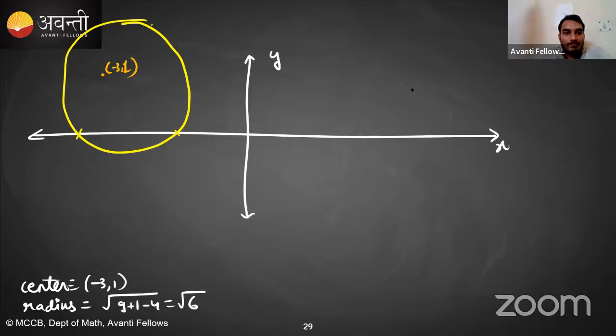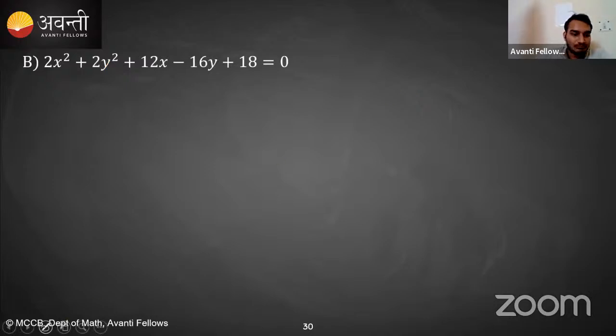Now the second question. The circle is given: 2x square plus 2y square plus 12x minus 16y plus 18 equal to 0. Again, x-intercept and y-intercept. First of all, everybody should know by now that you have to make the coefficient of x square and y square 1.